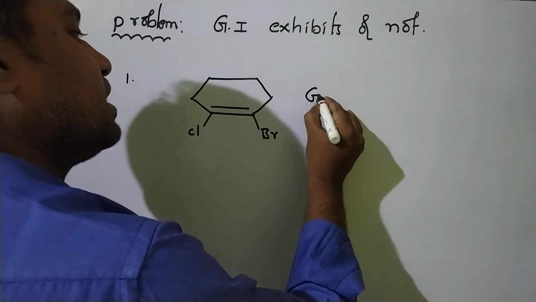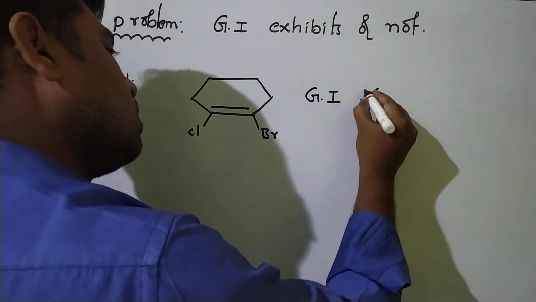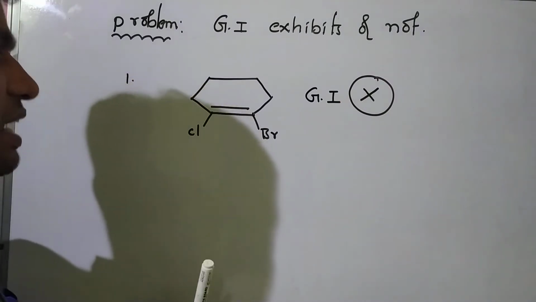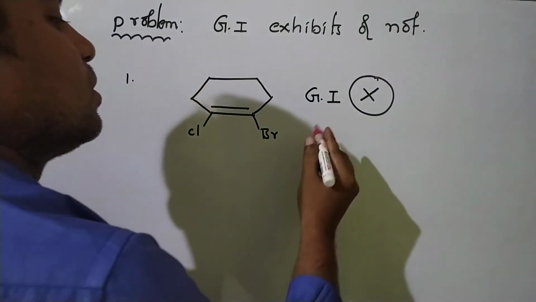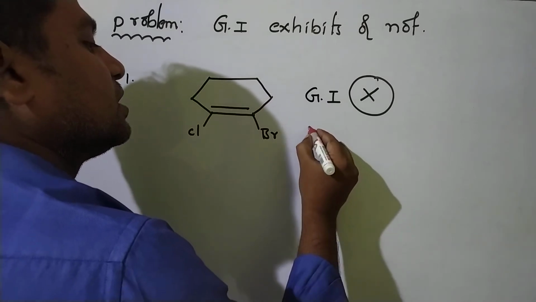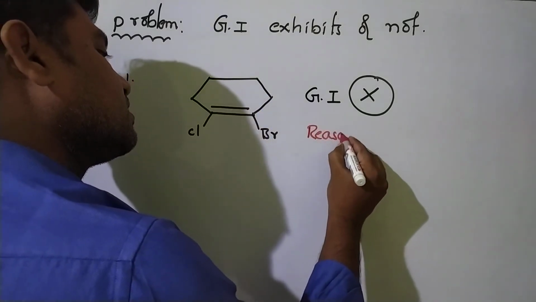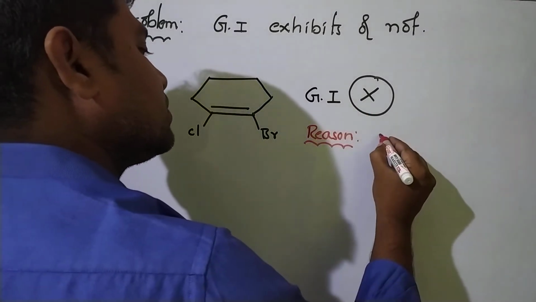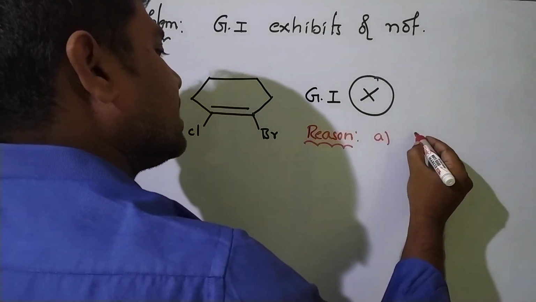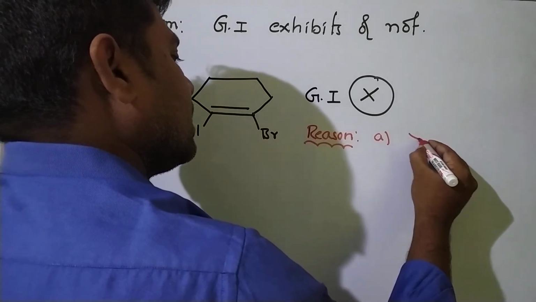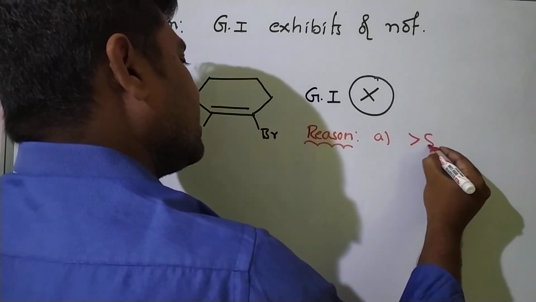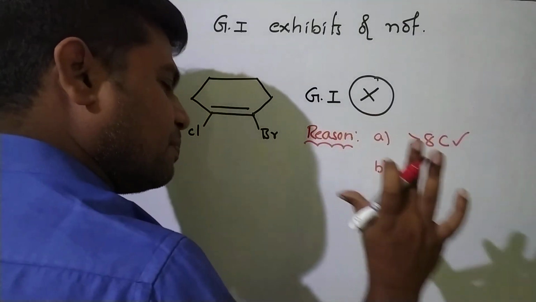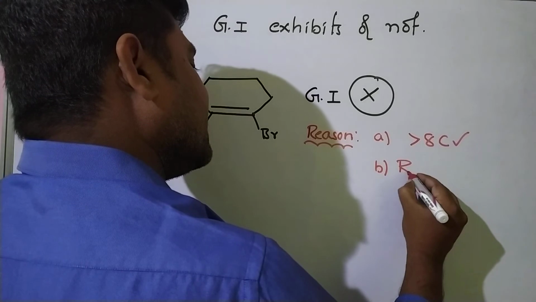So it doesn't exhibit geometrical isomerism. Why? The first reason is carbon atoms less than 8 carbons. The second reason, the main proper reason, is ring strain.